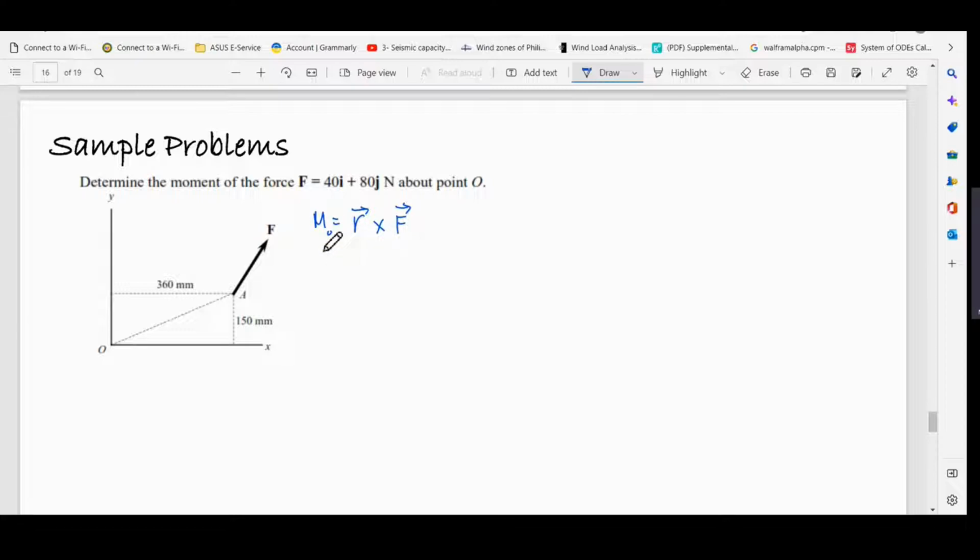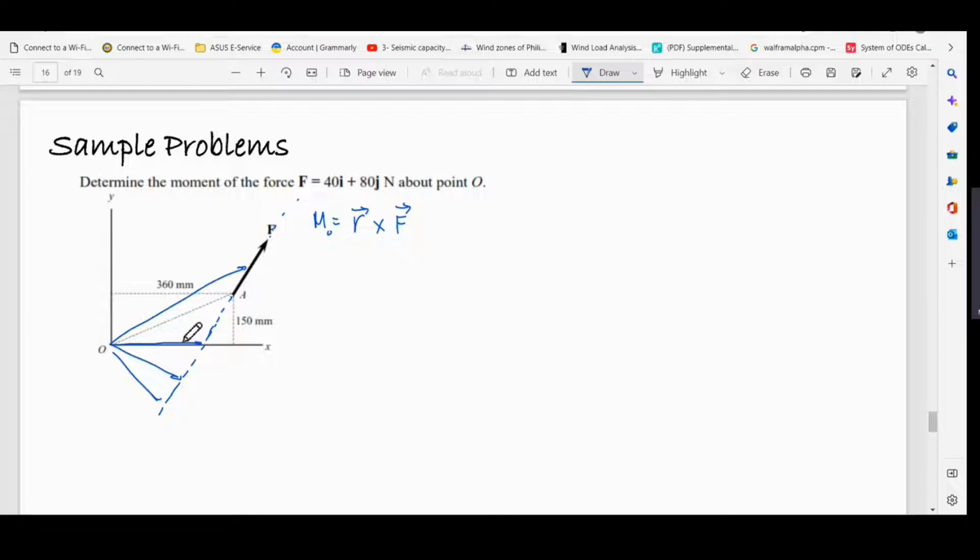We need to determine the position vector r. Ang sabi natin kanina, position vector r is anywhere from point O to the line of action of our force F. So ito yung line of action ng ating force F, right? So yung ating position vector r is pwede dito, pwede dito, pwede dito.